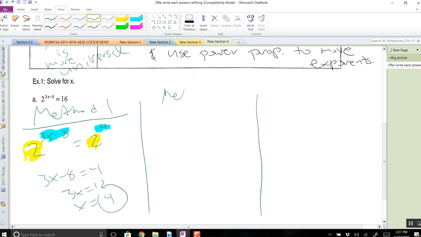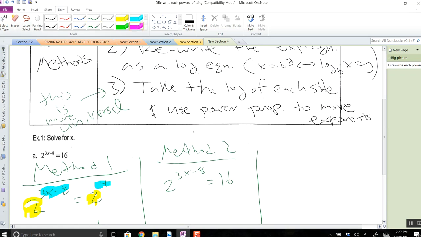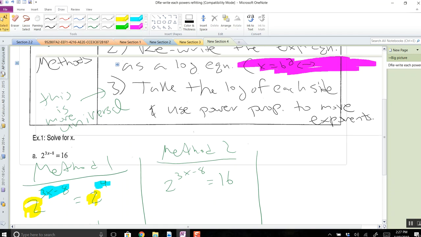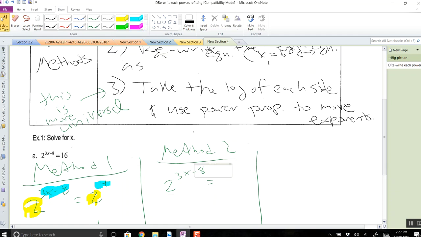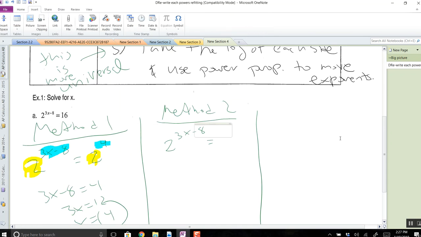Method 2, if you like: how do I write this as a log equation? Okay, anyway, we know the process.